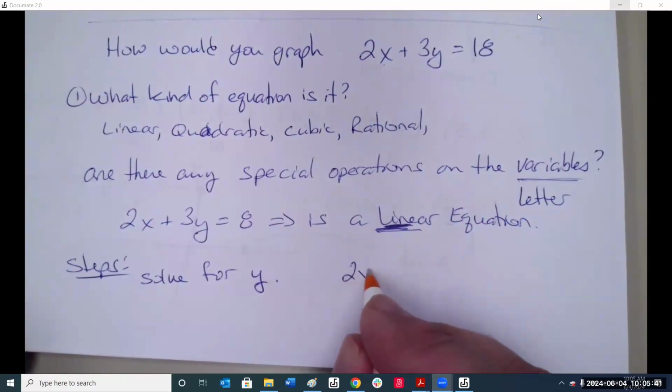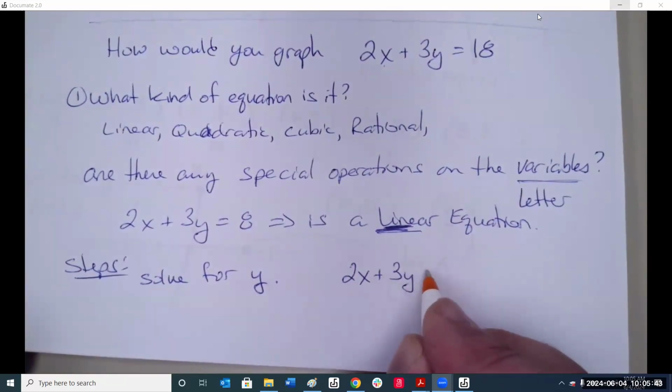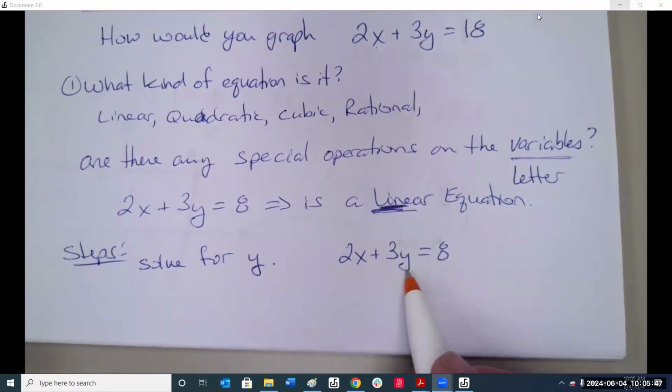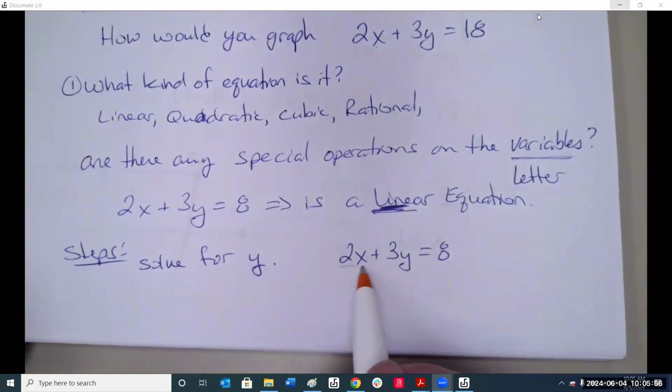So we have 2x plus 3y equals 18. We're solving for y. What do you have to get rid of first? Let's get rid of the 2x. How do you get rid of the 2x? Subtract it.